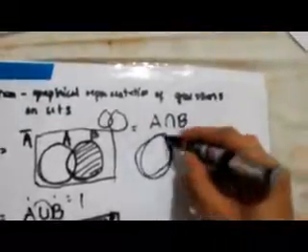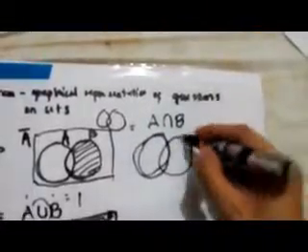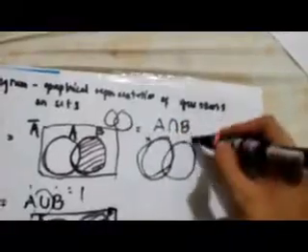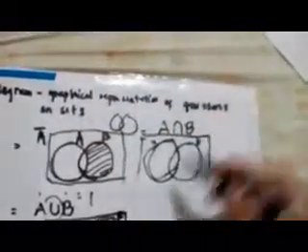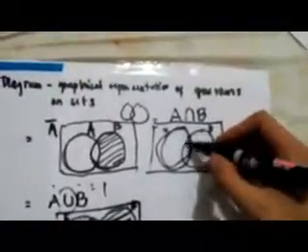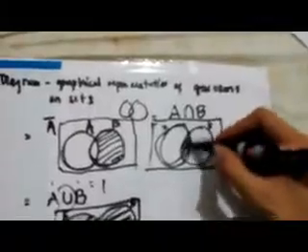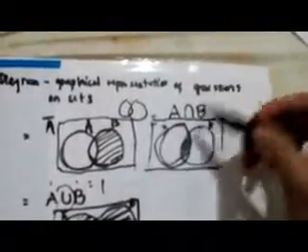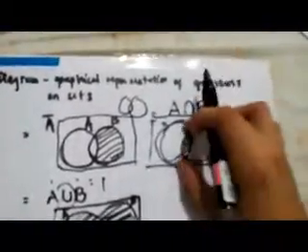So we have a circle, sorry about that, another circle, A, B, and let's draw the universe here. We would actually have the one in the middle, since that's the intersection between the two. That's where they cross paths.